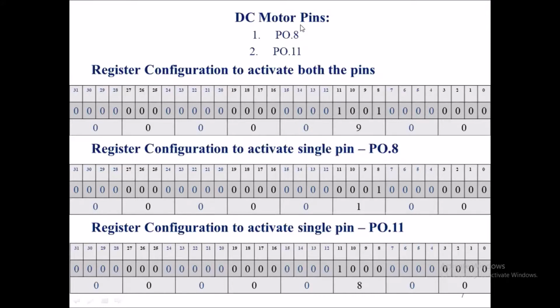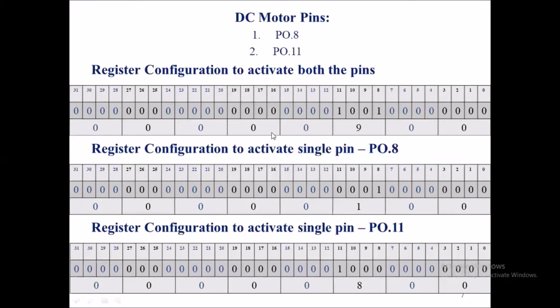The first pin is called port 0 8th pin, and the second pin is called port 0 11th pin. Here P stands for port, and 0 stands for the port number. As I told in the previous video, there are 2 ports, port 0 and port 1. These are the 2 pins available in port 0 of the microcontroller. The pin numbers are the 8th pin and the 11th pin. These are the 2 pins where we can connect the DC motor to the microcontroller.